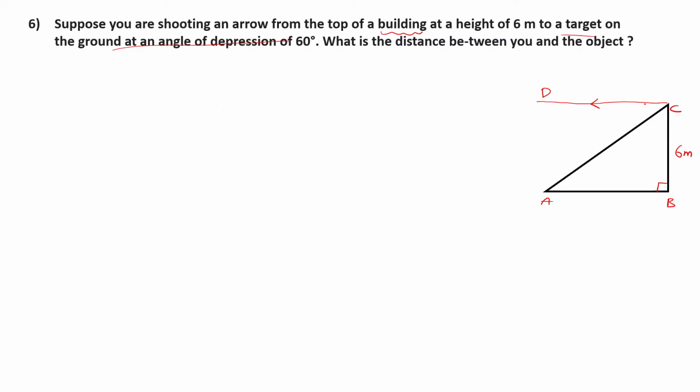Now the angle between the line of sight and the horizontal is theta, which he gave as 60 degrees. Here we don't have a right angle triangle, instead we have ABC. Now if you apply the transversal concept, this line CD is parallel to AB and AC is the transversal. This theta and this angle A become alternate interior angles. So this also becomes 60 degrees. Now you have theta equal to 60 degrees and you can apply trigonometric properties. This is the analysis.